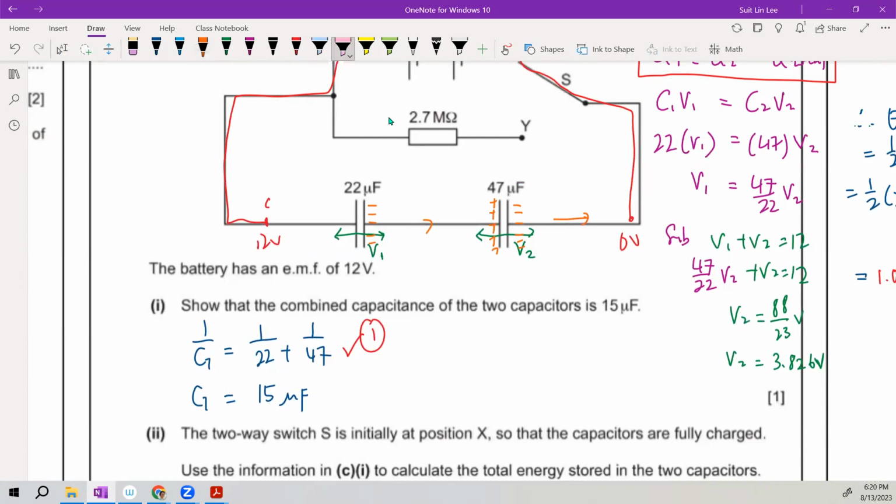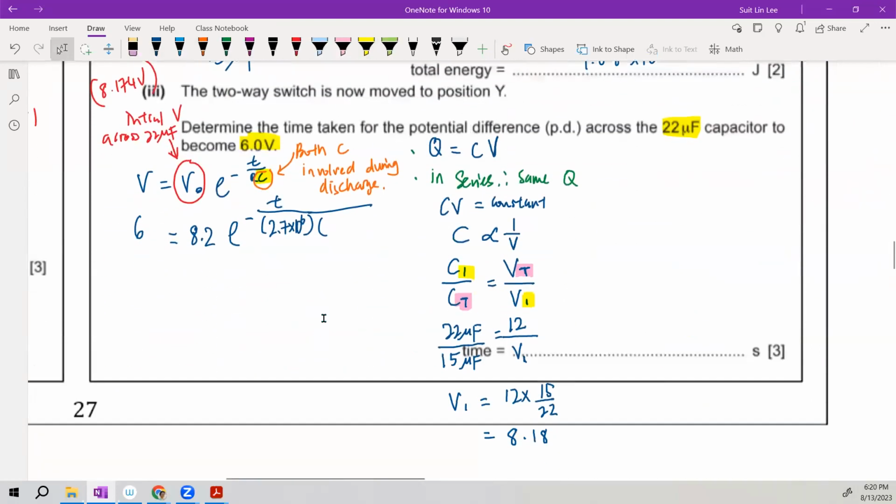So this electron will end up here, forcing this electron to continue to move. Like a relay race, you pass the baton, you pass the charge. So the one that is moving or mobilized is this electron. So the discharge of the 22 will involve the 47, meaning this one's got to be 15, both of them.